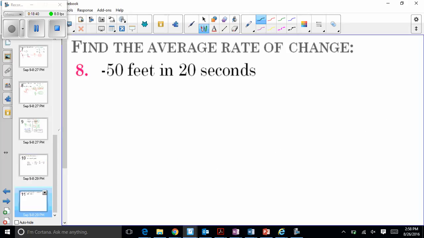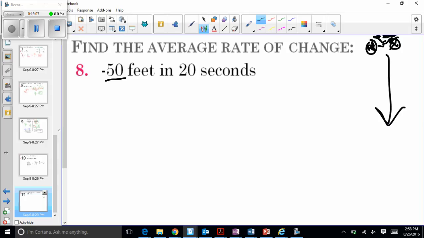Last one, find the average rate of change. The only reason they bring this up is it's apparently something that is going down. It's going down 50 feet in 20 seconds. Maybe it's a bicycle. Okay, so we got the bicycle, and for some reason it is falling out of the sky.